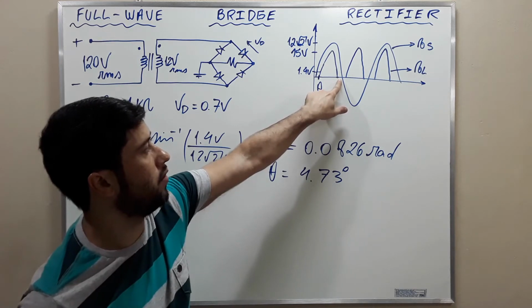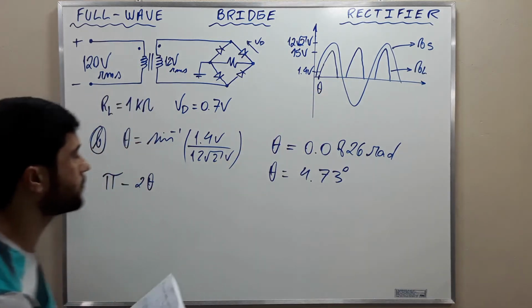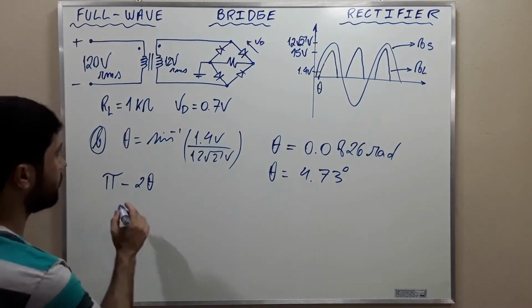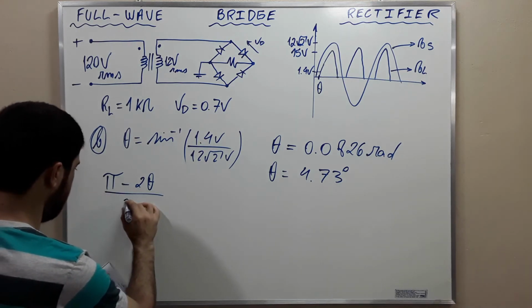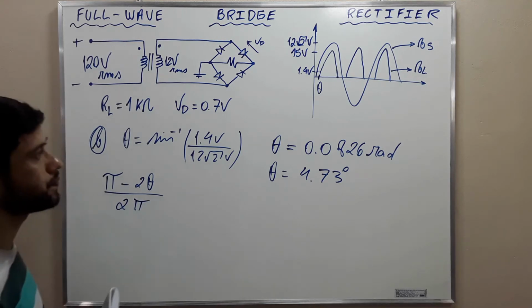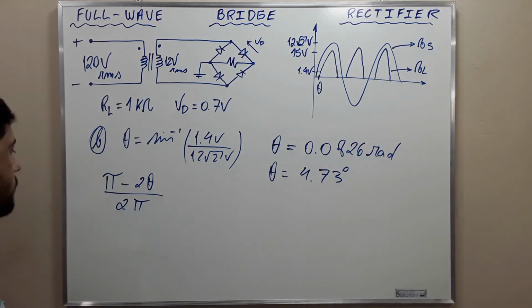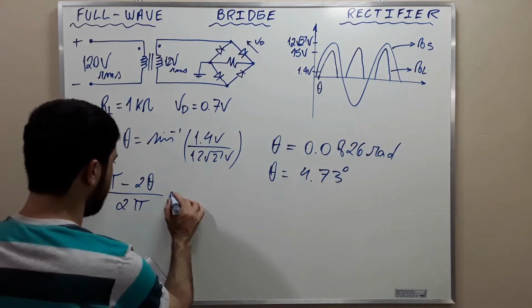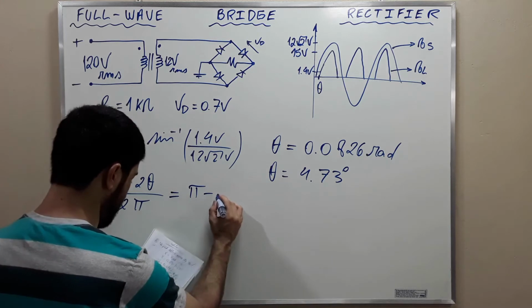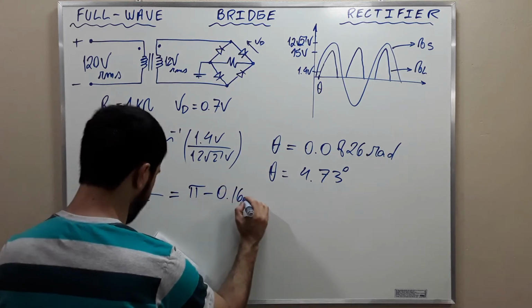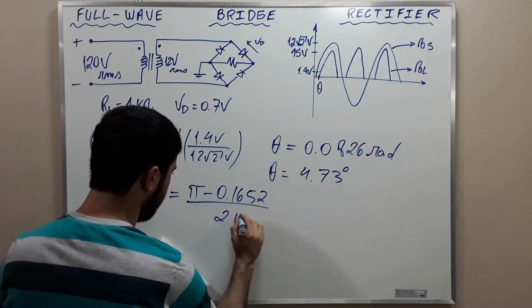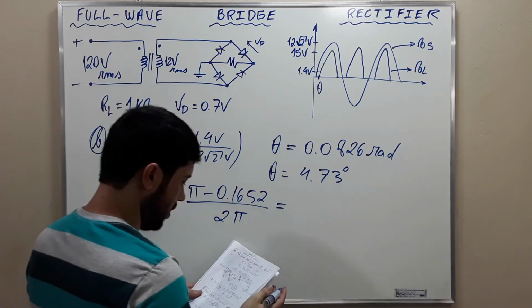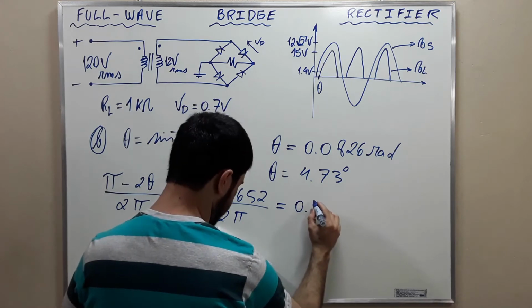There is this part here as well. Divided by 2 pi. And it is going to be equal to pi minus 0.1652 divided by 2 pi, and this is equal to 0.474.